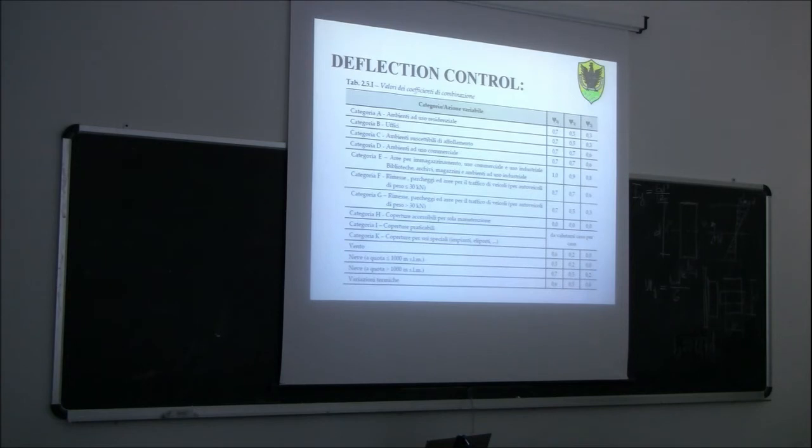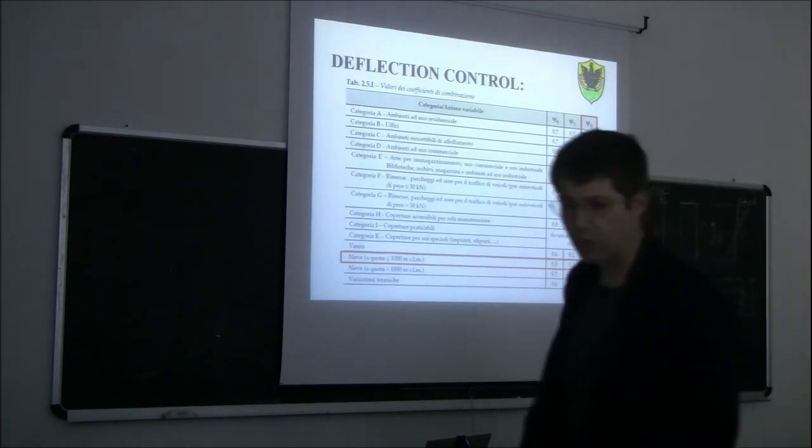Value of the coefficient psi 2, you see, for office buildings would be 0.3. For snow below 1,000 meters above sea level is 0. Meaning that for snow, we don't consider any creep effect in the end.